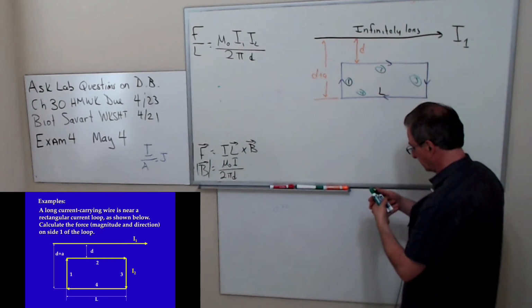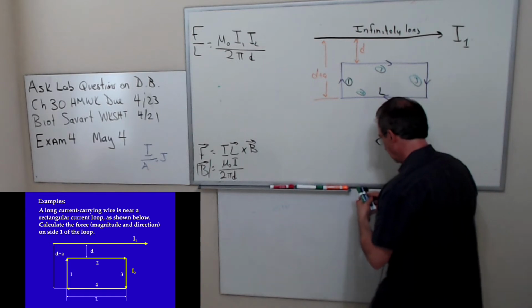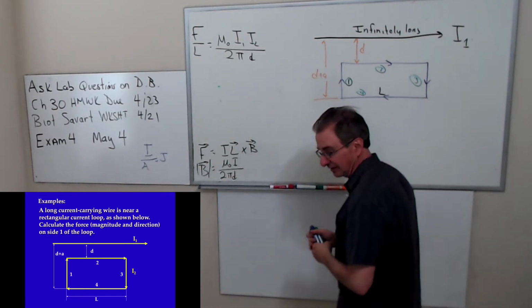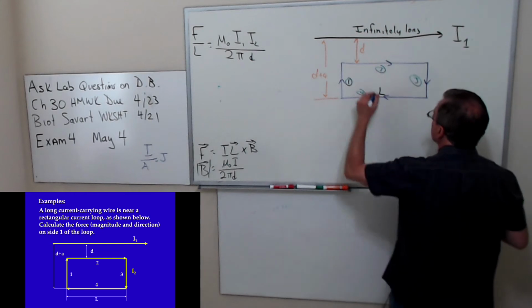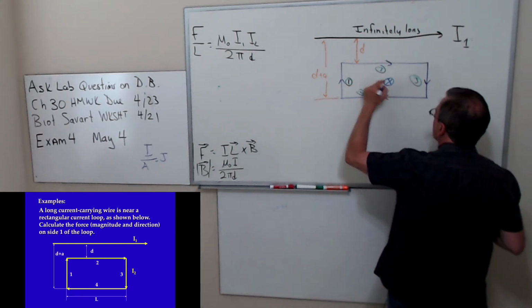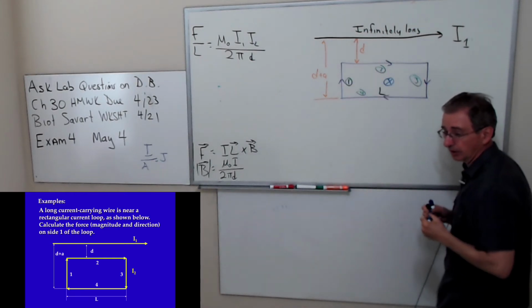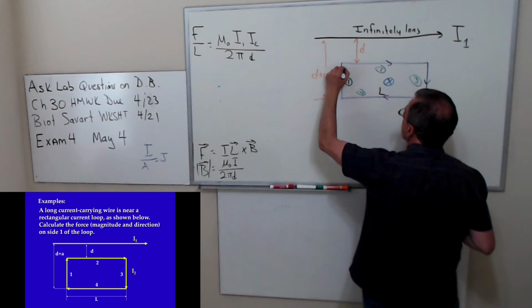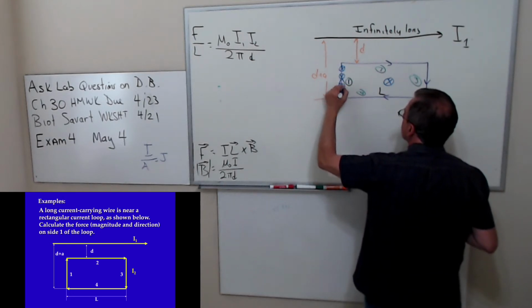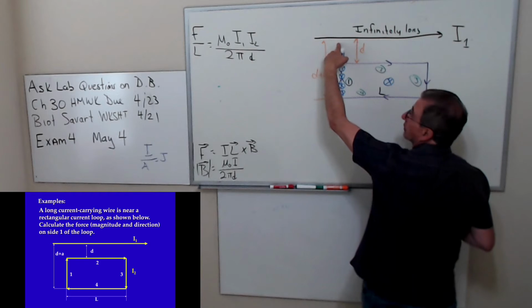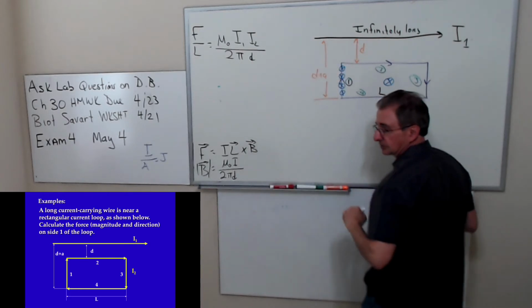The magnetic field looks like this. I got to choose a different color. The magnetic field goes into the board everywhere in this plane. So anywhere along here is into the board. The only difference is that it gets weaker the further away you get from the wire because of this equation.